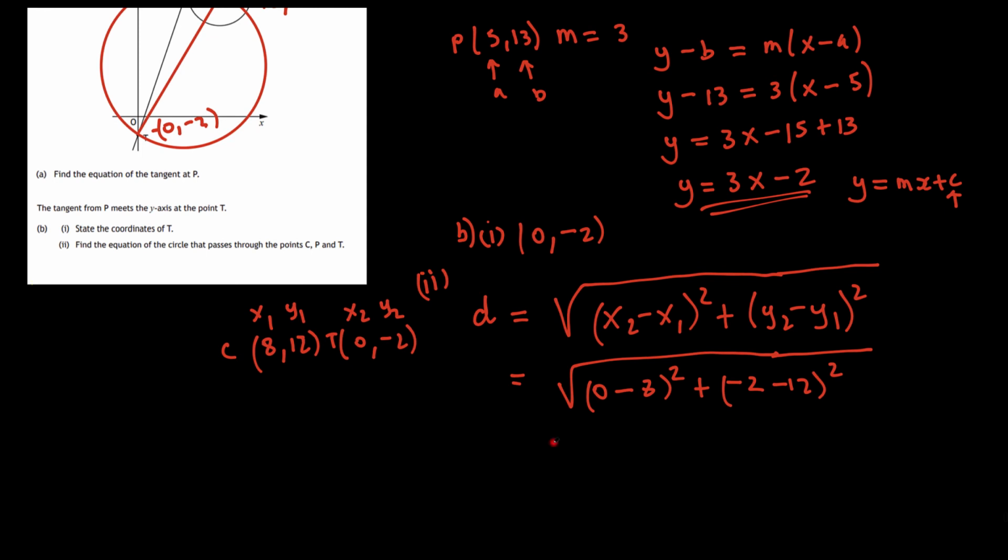So I've got the square root of 8 squared, which is 64, plus minus 2 minus 12, which is minus 14, squared, that gives me 196. That would equal the square root of 260.